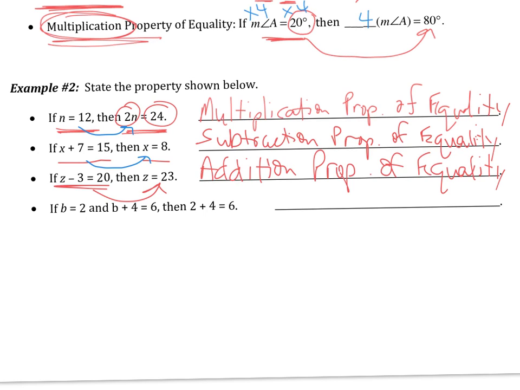From the b plus 4 to the 2 plus 4. Distribute. Try again. Distributing has parentheses. Ooh, there we go. We substituted. The b got changed to the 2 because b is equal to 2. We substituted in the 2. So we use the substitution property.